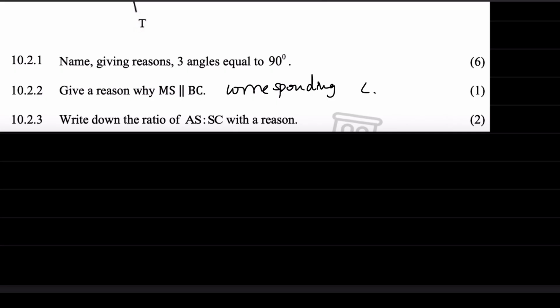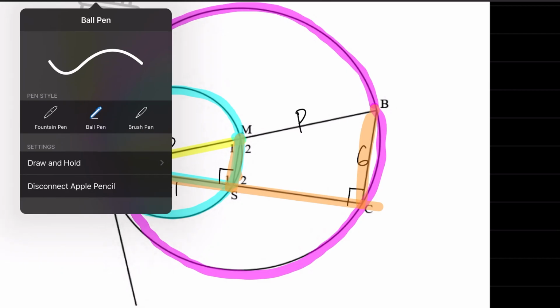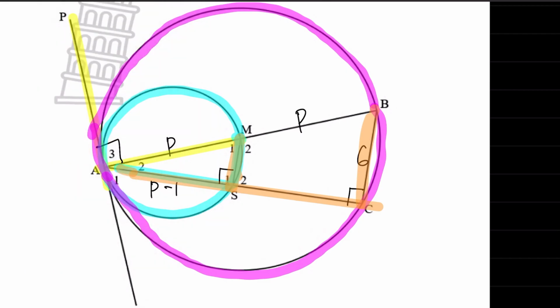10.2.3, write down the ratio of AS to SC with a reason. Now, if we look at this triangle right here, and this triangle right here, those triangles are going to be similar, right? And we know the theorem. I can just sketch this out quickly for you.